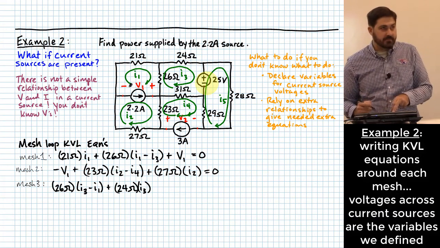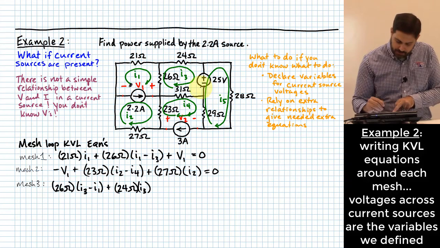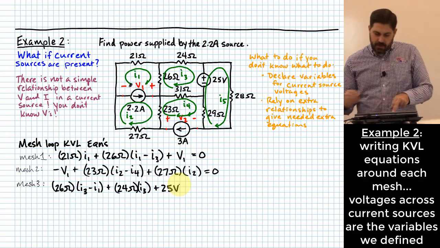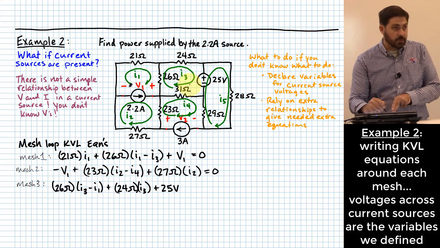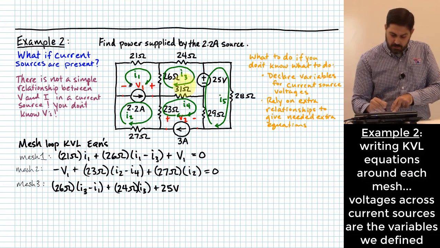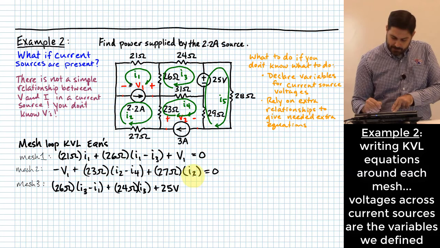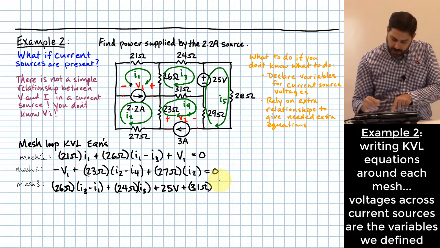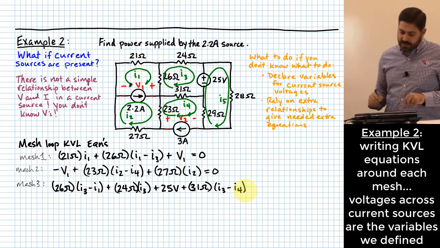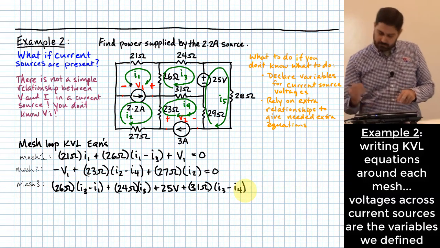What do I do with that? Easy, all I got to do is say plus 25 volts. Then I come around and hit this 31 ohm resistor. The voltage is going to be based on 31 ohms times I3 minus I4. Does that get me all the way around that loop? It does.